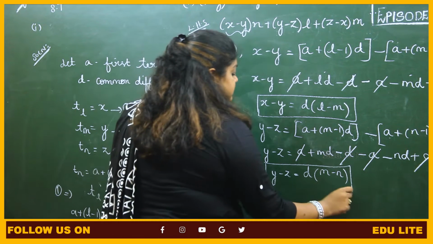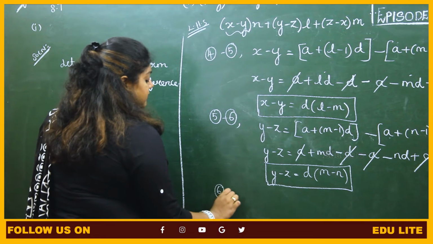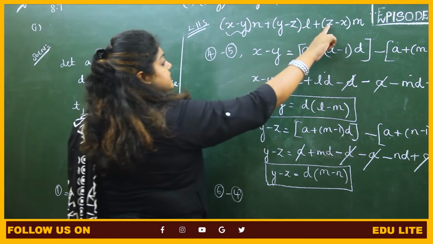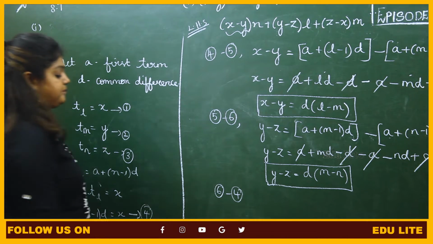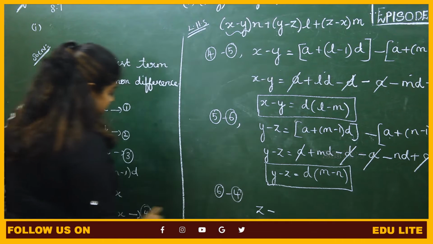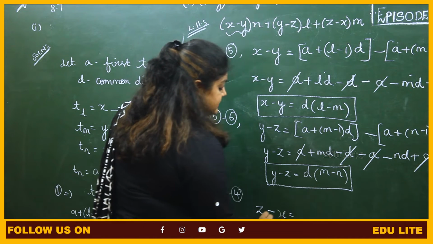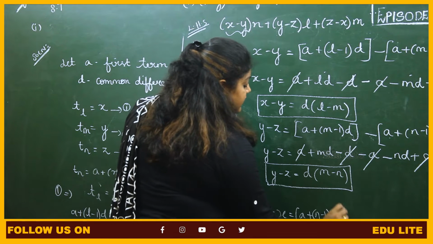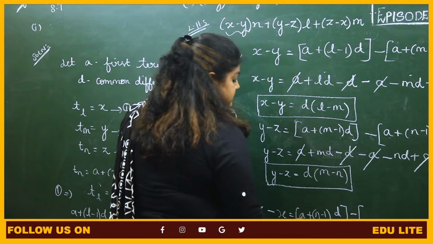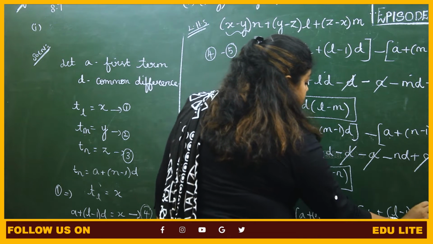So now we got x minus y and y minus z. Next, similarly, if we do 6th equation minus 4th equation, we will get z minus x. 6th equation is z, 4th equation is x. We will simplify the other side as well. Z is a plus n minus 1 into d minus x is a plus l minus 1 into d.